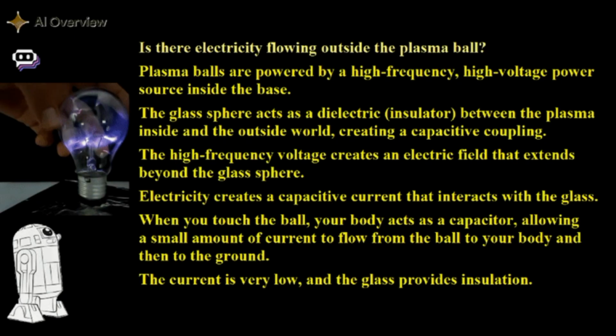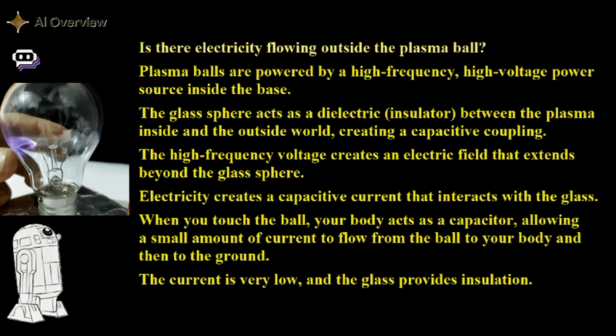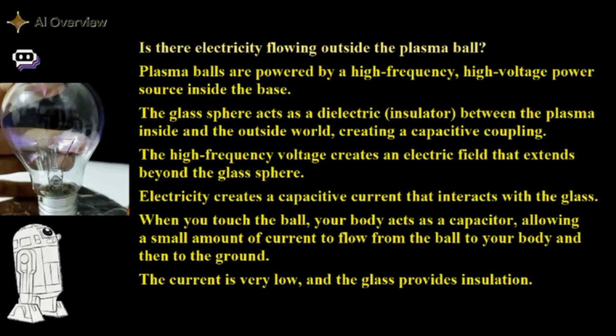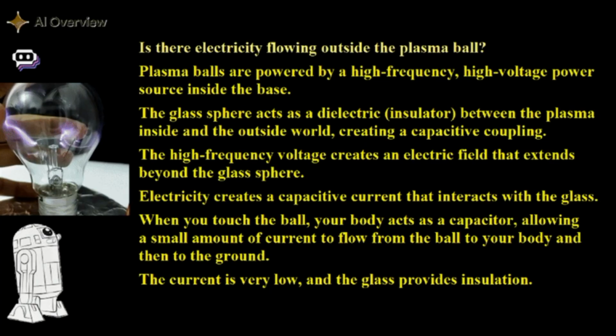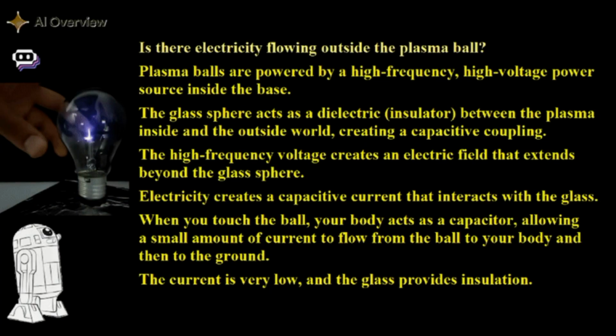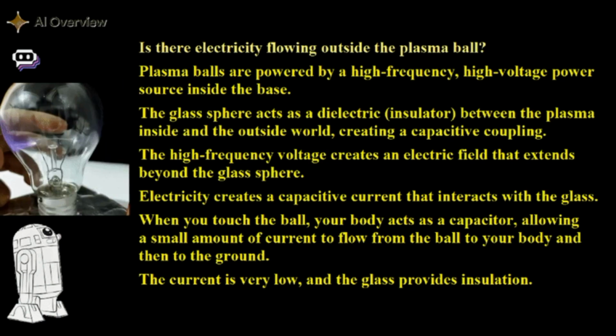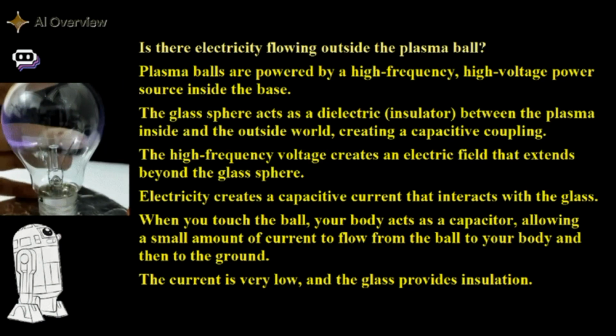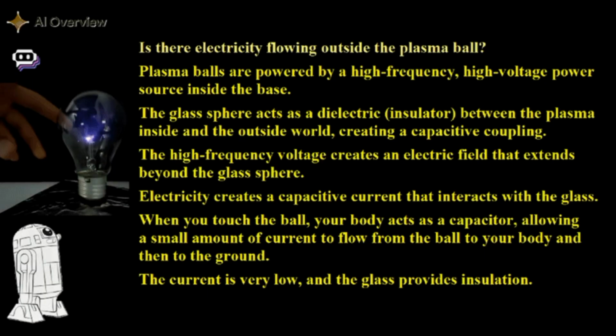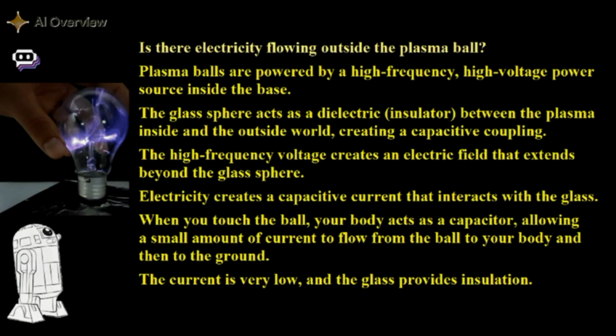The high-frequency voltage creates an electric field that extends beyond the glass, but it creates a capacitive current that interacts with the glass. When you touch the ball, your body acts as a capacitor, allowing a small amount of current to flow from the ball to your body and then to the ground. The current is very low, and the glass provides insulation.